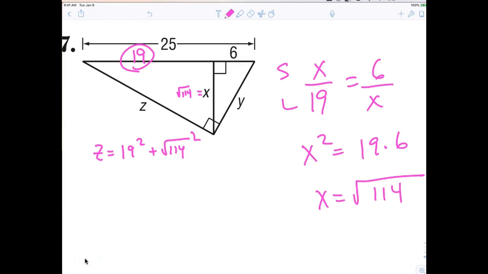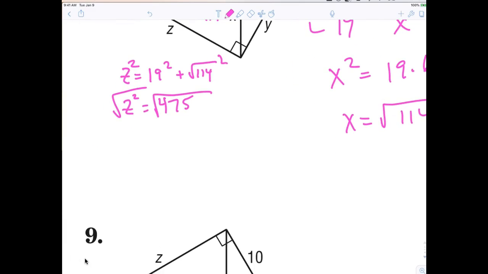I don't feel like figuring out the proportions. Does everybody agree with me on this? So what's 19 squared? 361. Plus 114 is what? So 475. Now when I do this square root, I'm going to have to break down 475.